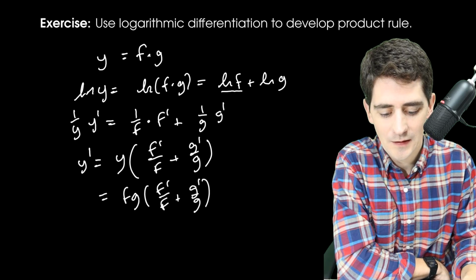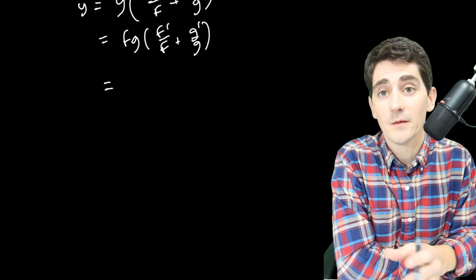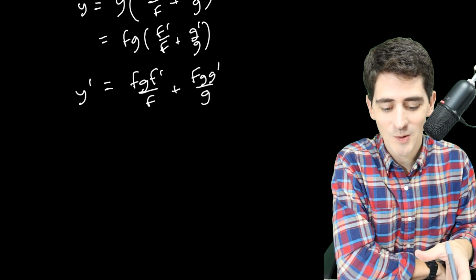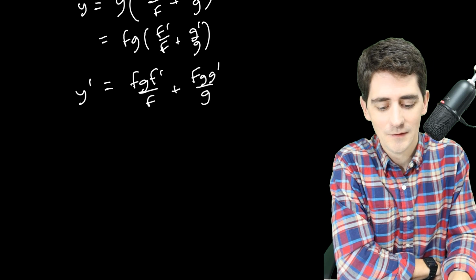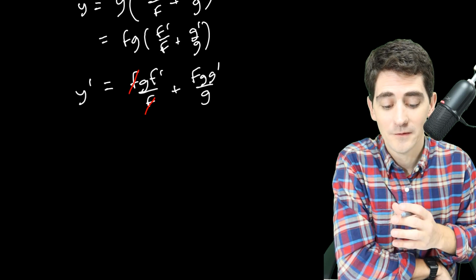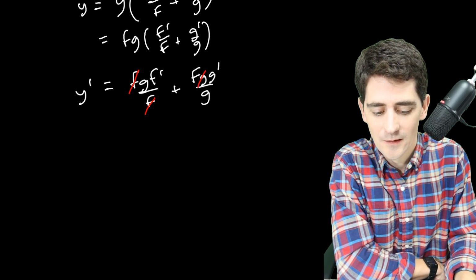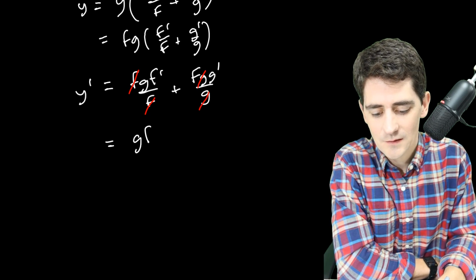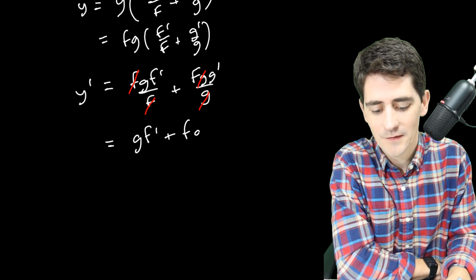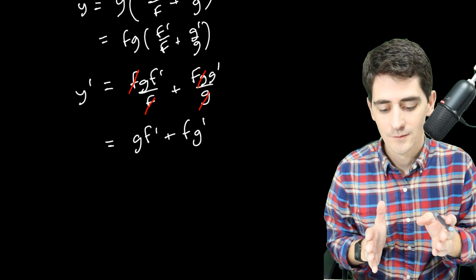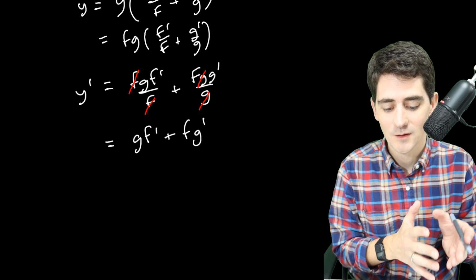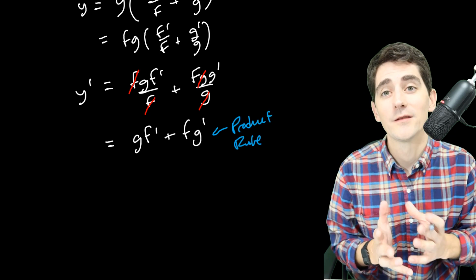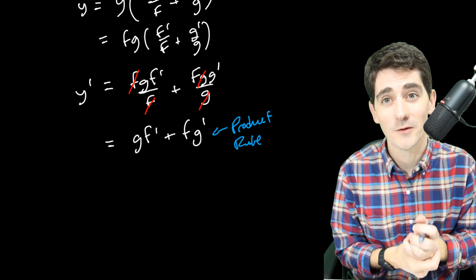So when I distribute f times g across, look what happens. I have f g times f prime over f, and here the f's cancel. And I have f g times g prime over g, here the g's cancel. I'm left with g times f prime plus f times g prime, or the second times the derivative of the first plus the first times the derivative of the second. This is product rule. So in a way we proved product rule using logarithmic differentiation.